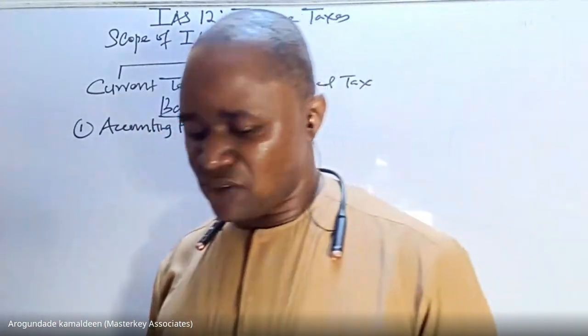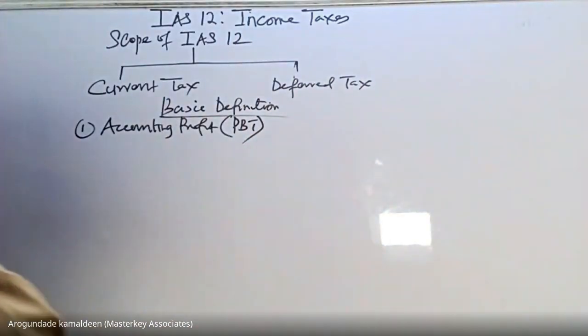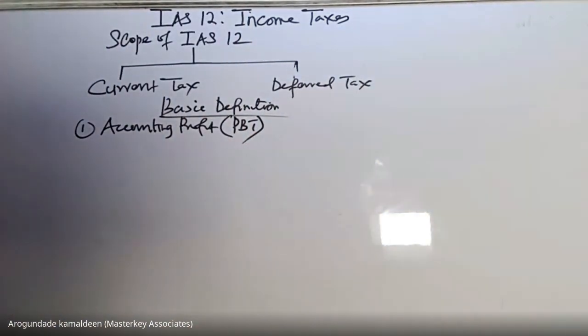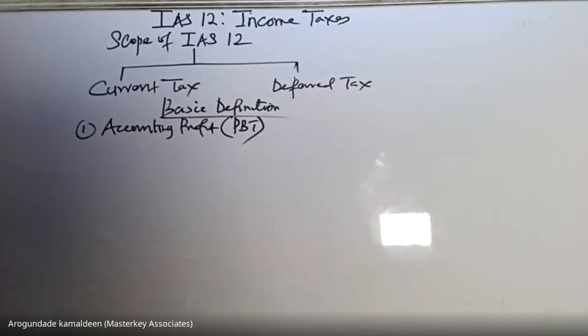So accounting profit is that profit that is determined in line with the accounting standard regulations.